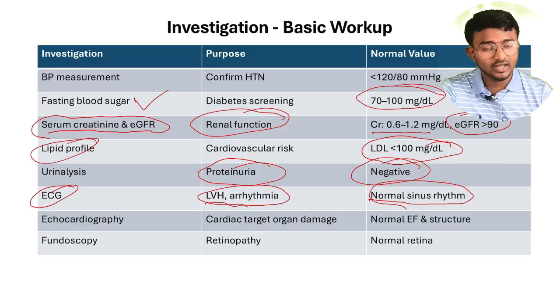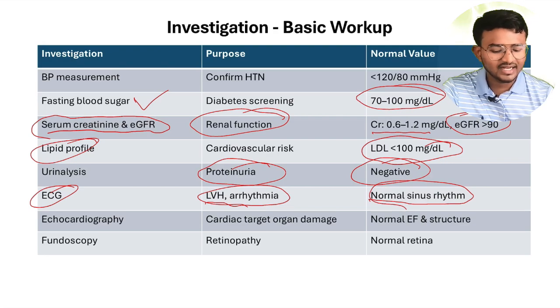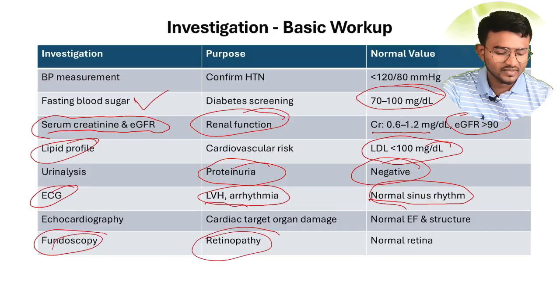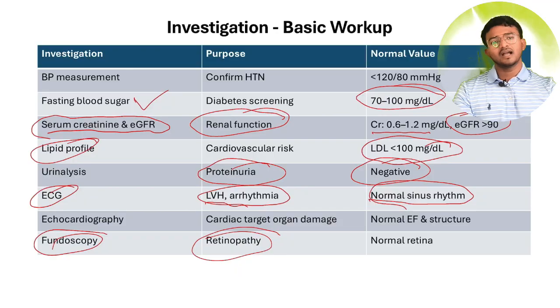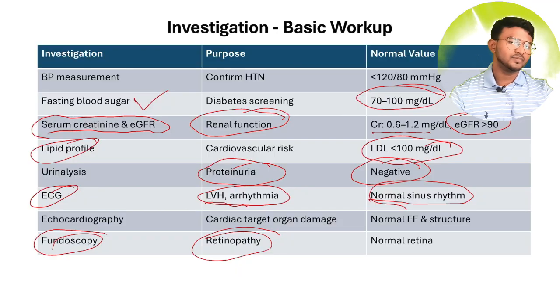And echocardiography, for cardiac target organ damage, versus normal ejection fraction and structures. Fundoscopy also we can do for suspecting retinopathy, versus normal retina. So these are the basic investigation workup we have to do.